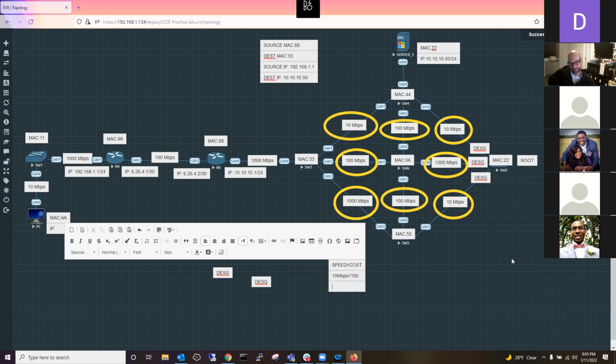A 10 meg link, being the slowest, you're looking at a cost of basically 100. A 100 meg link, you're looking at a cost of 19. And the 1 gig or 1,000 meg link, you're looking at a cost of 4.